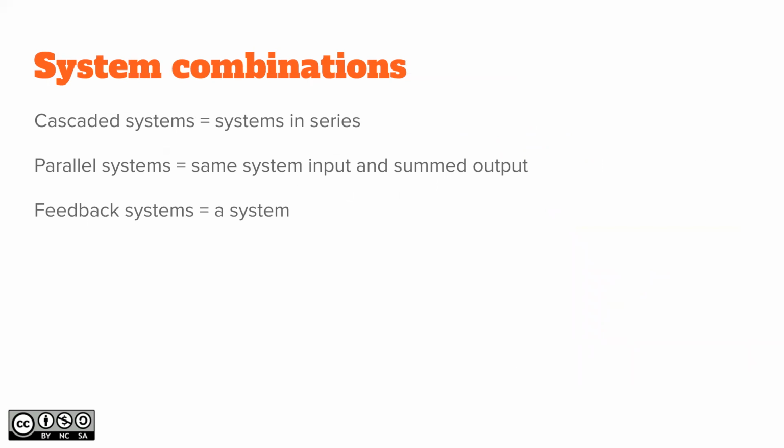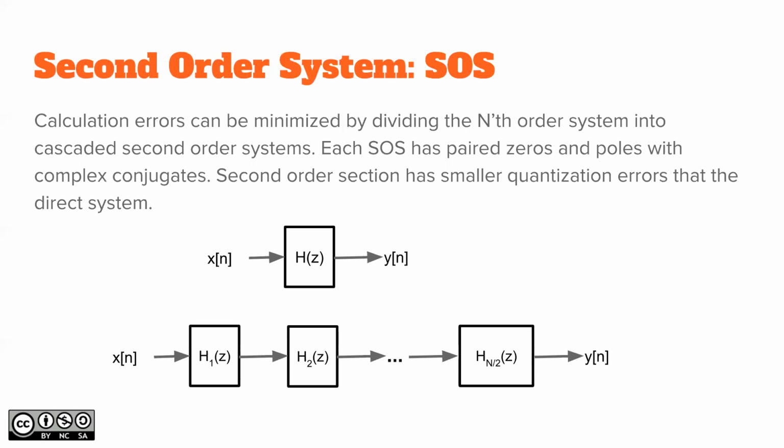Just a reminder, we have different ways of representing the system or breaking it up. So we can actually have cascaded systems. Earlier we calculated this in the second exercise, where you calculated the transfer function of the combined system if you combine them in cascade or parallel.